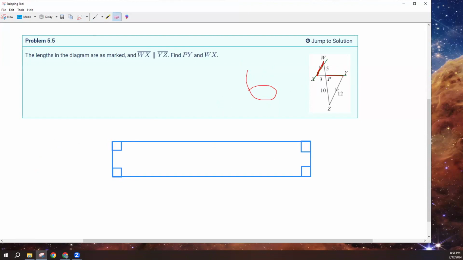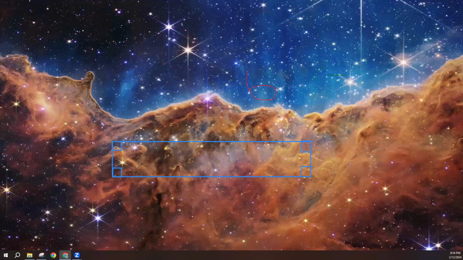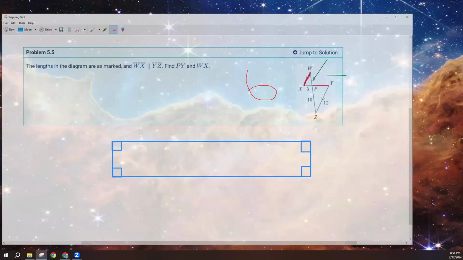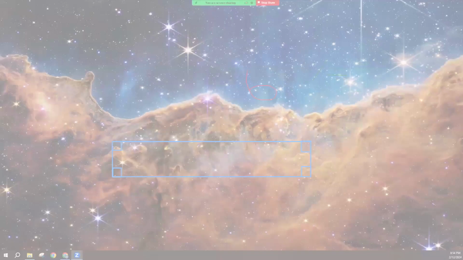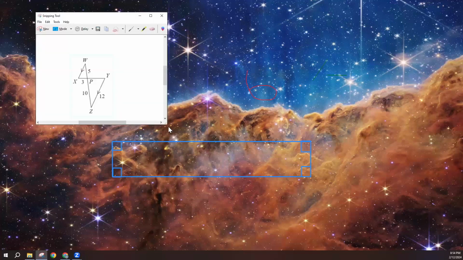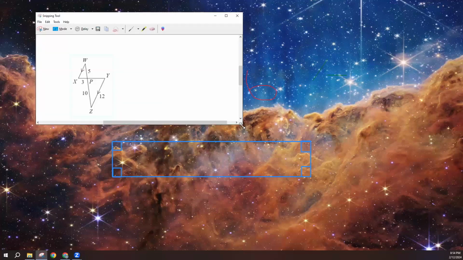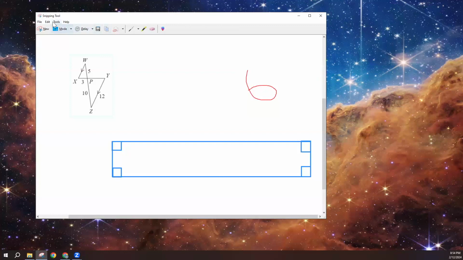So if I make this a little bit bigger, and just take the diagram here. So if you take a look at, I see Ben's getting in there already, which is good.